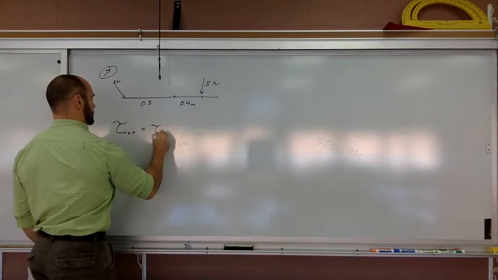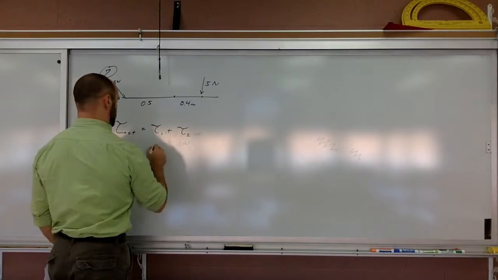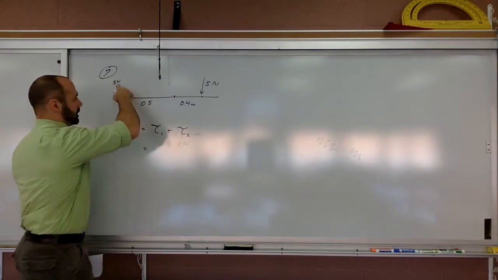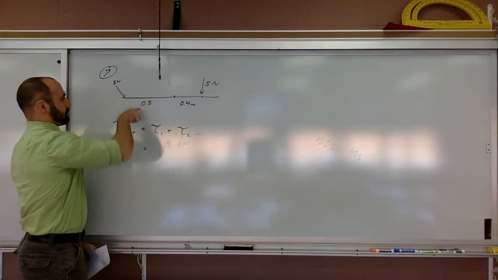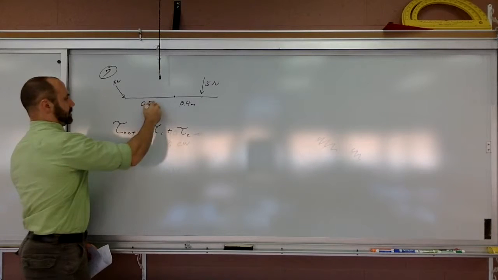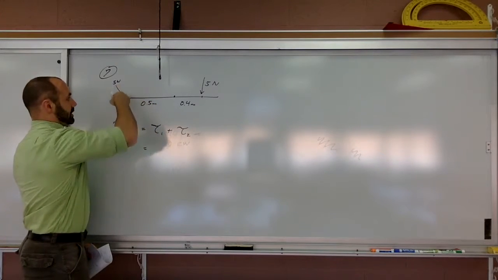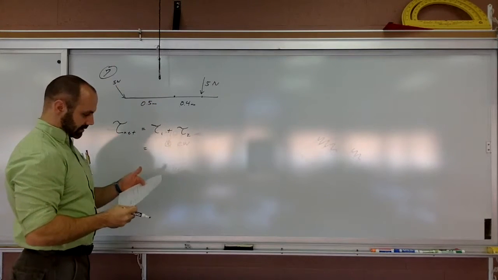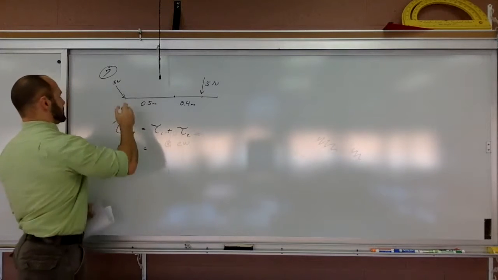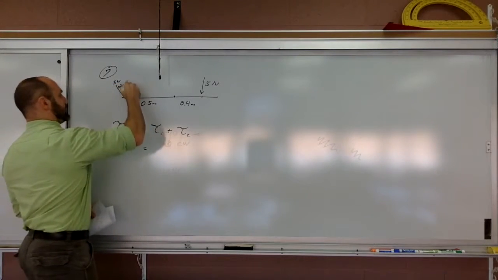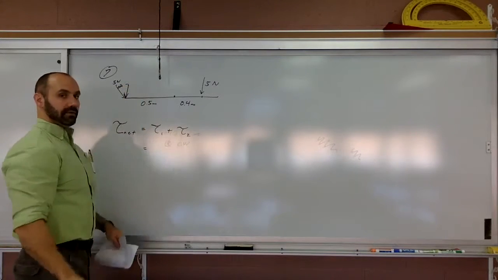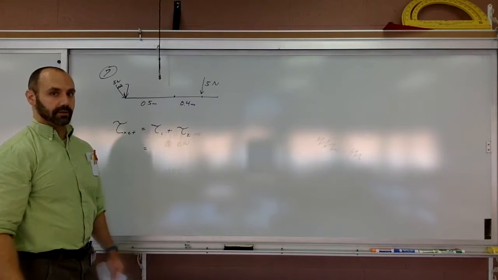So the net torque is torque 1 plus torque 2. Torque 1 we can say is this one, and this is going to be 5 times 0.5 meters, and then sine of whatever that angle is. I think the angle is 60 degrees. It is. This is 60. Again, we can think of this as taking the component of the force that's perpendicular to the lever arm.